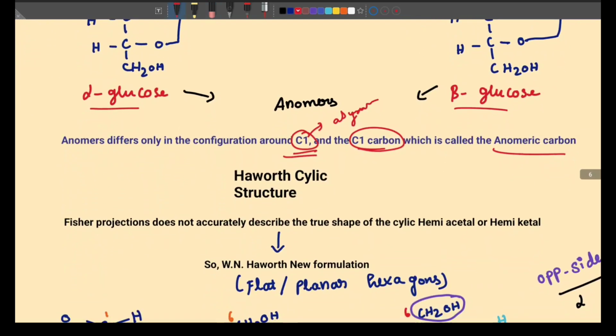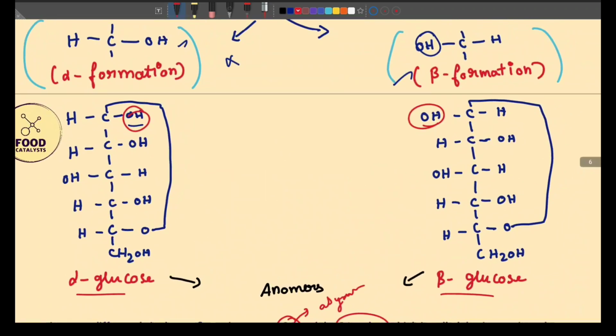Now let's talk about the Haworth cyclic structure. First of all, this Fischer projection does not accurately describe the true shape of the cyclic form. I call it cyclic because it has a closed bond, but compared to other cyclic structures you have seen, it doesn't actually look like a cyclic structure.